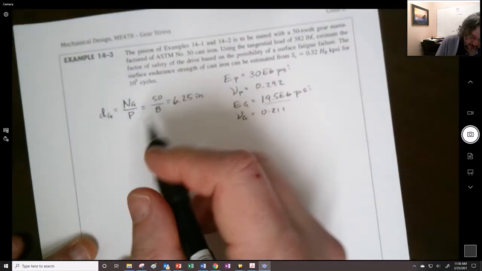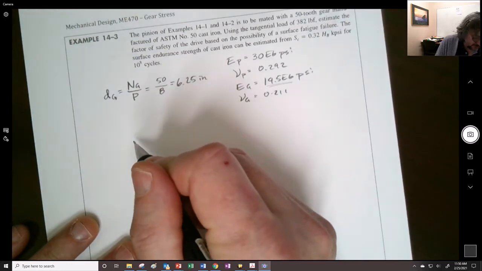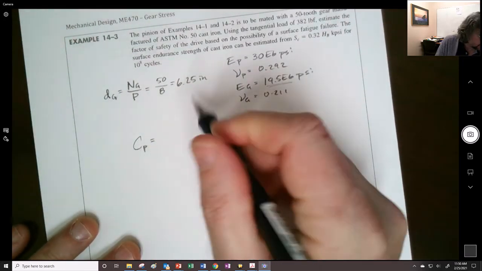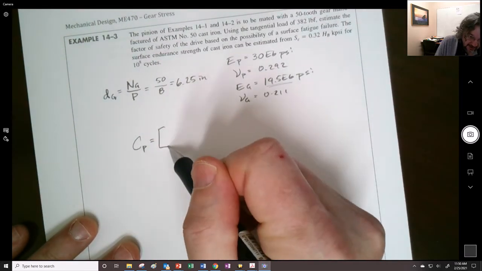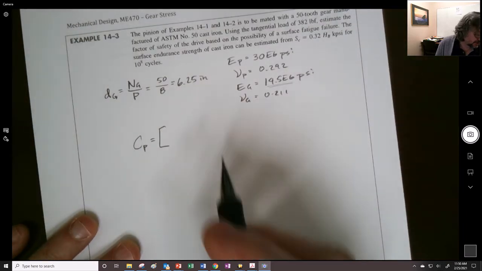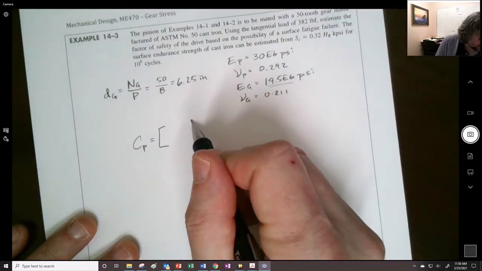But interesting thing. So anyway, we want to get this elastic coefficient, CP, and looking back at the equation for it from the previous section, you can look it up.